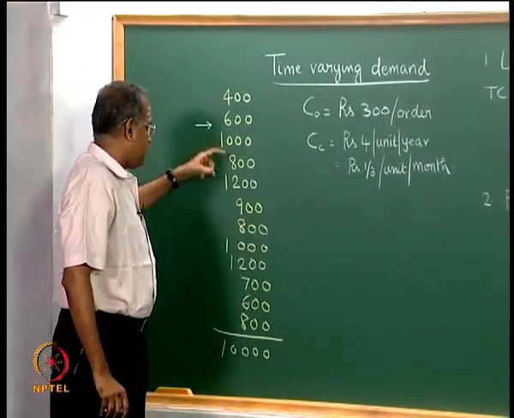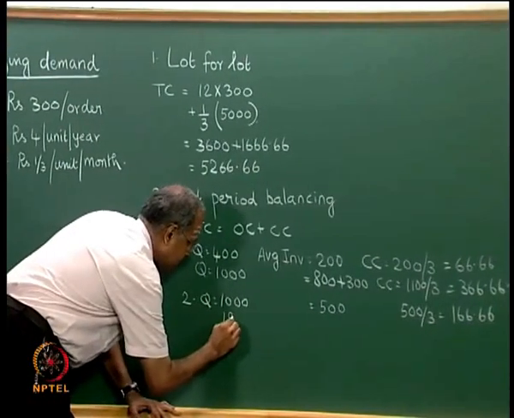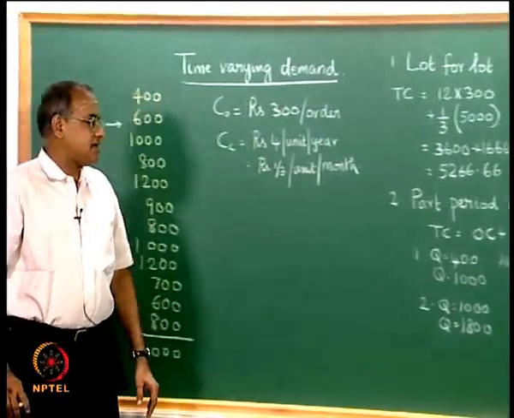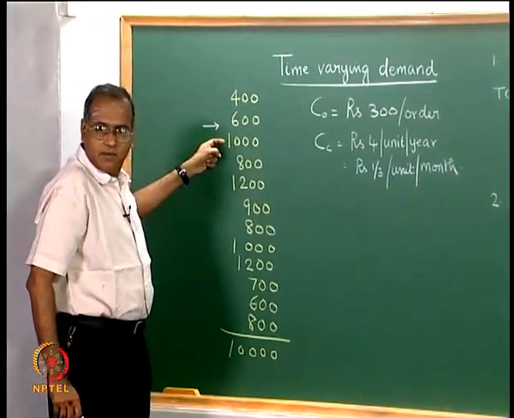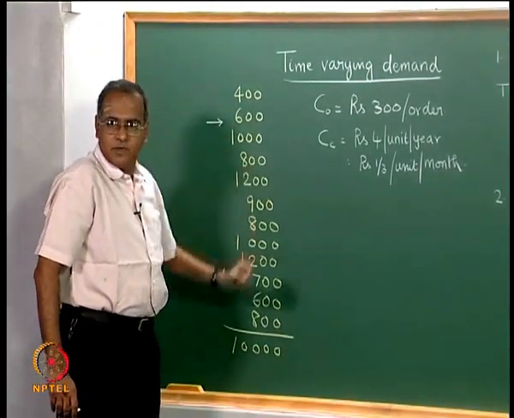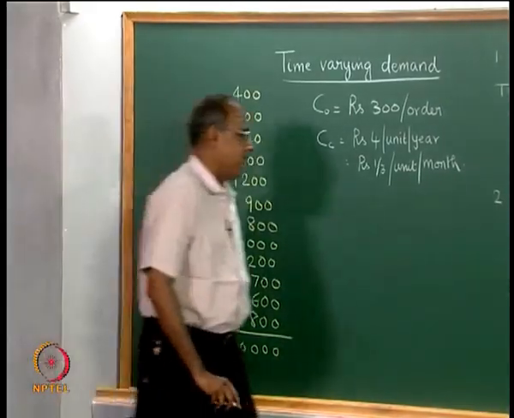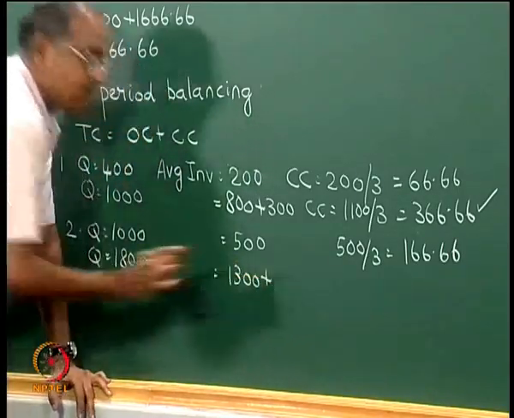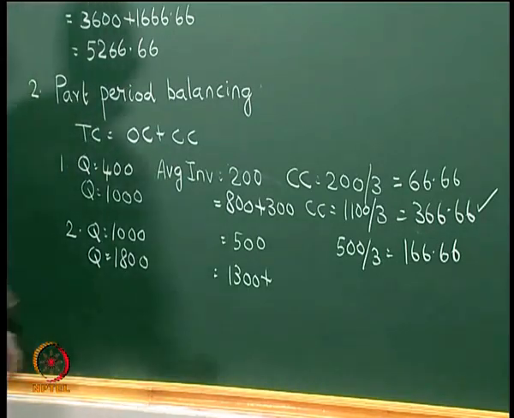Now we consider 1000 plus another 800, so we consider 1800 here. The average inventory will be, in the first period we begin with 1800 and we end with 800. So 1800 plus 800 divided by 2 is 1300. This is 1300 for the first period, and for the second period we start with 800 and we end with 0, so plus another 400.